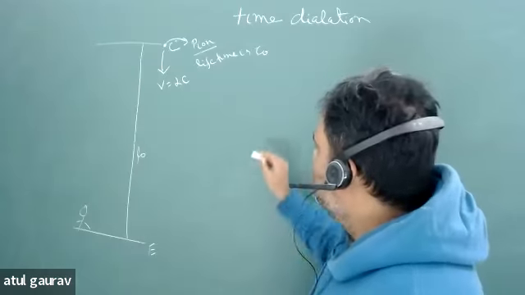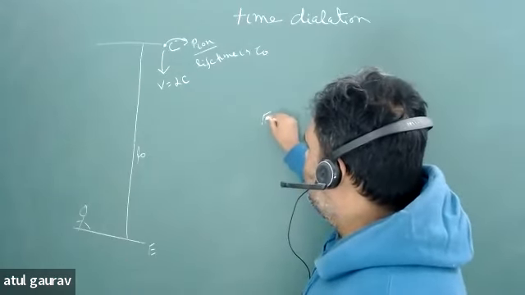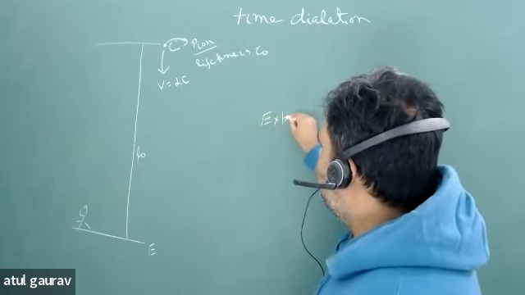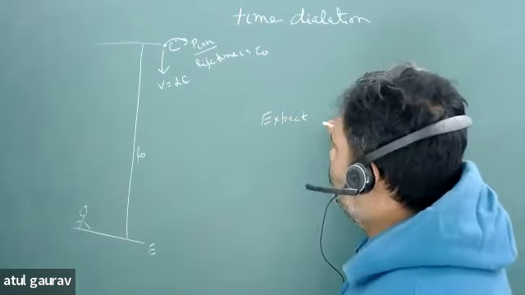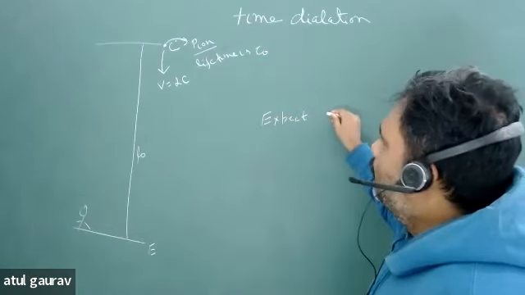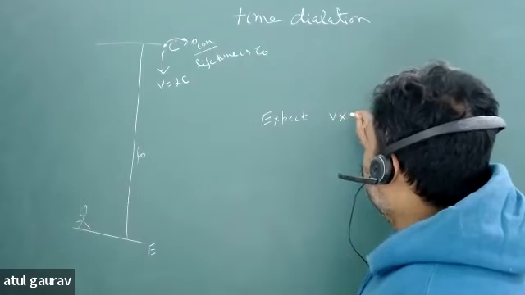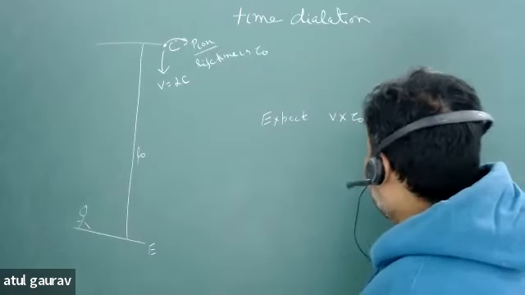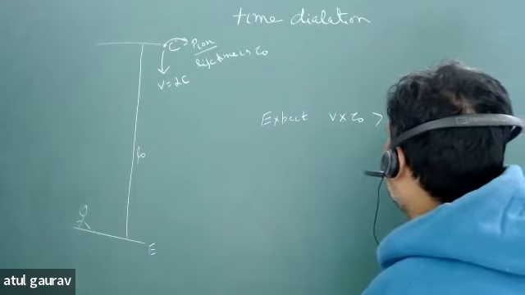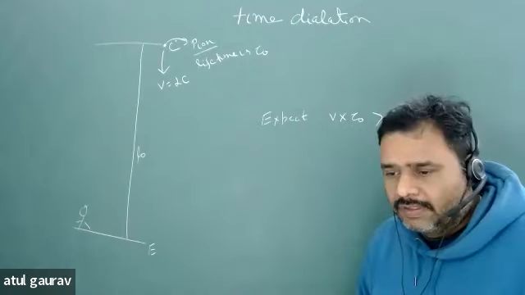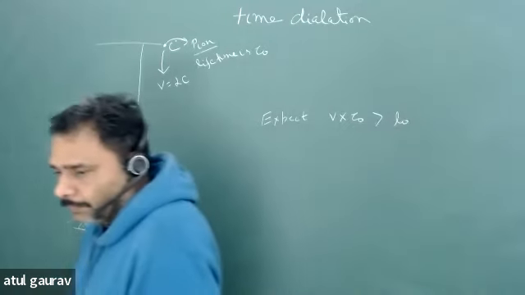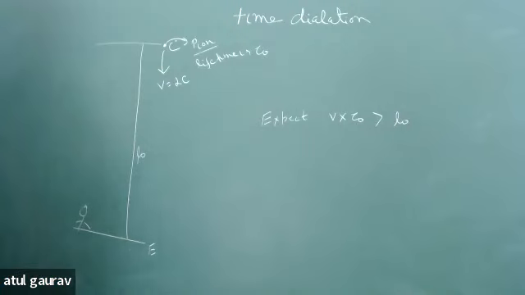That means we expect v into tau naught must be greater than L0. Am I saying it right or wrong? This is what you would expect, right? Are you able to understand this particular experiment?